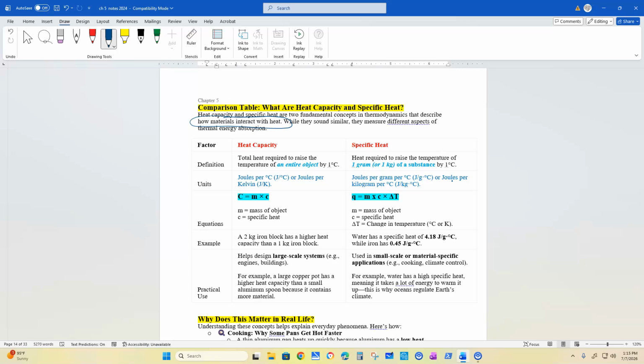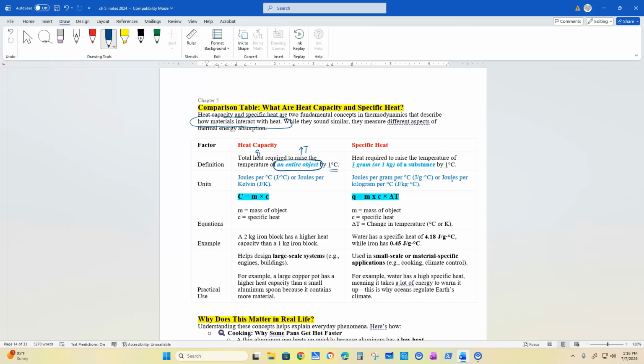So the definition: heat capacity is the total heat required to raise the temperature of the entire object, like the entire spoon or the entire pan. I'm just trying to raise it 1 degree. That's all I'm trying to do.